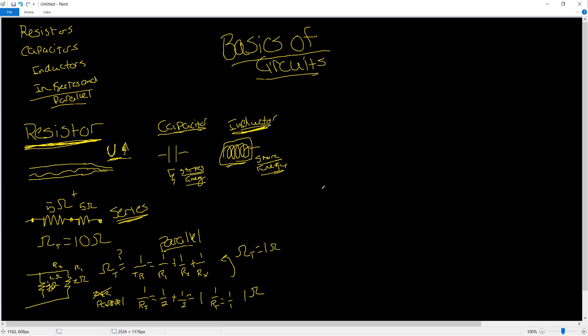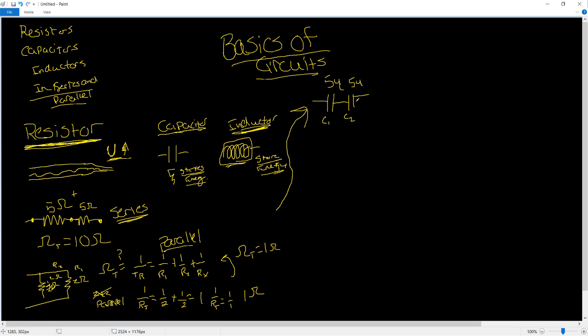Now we're going to move on to capacitors in series. So a capacitor in series, believe it or not, behaves in the same form as a resistor in parallel. So say we have two capacitors, C1 and C2, of 5 microfarads each.